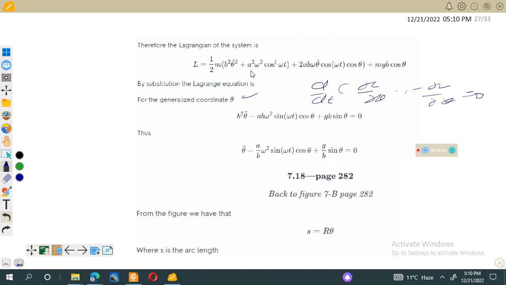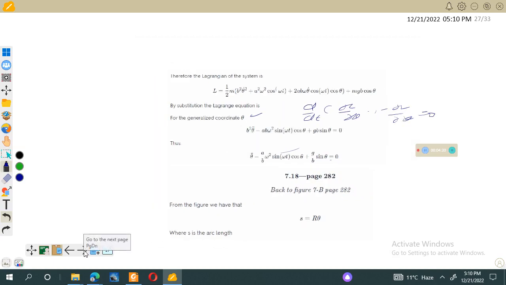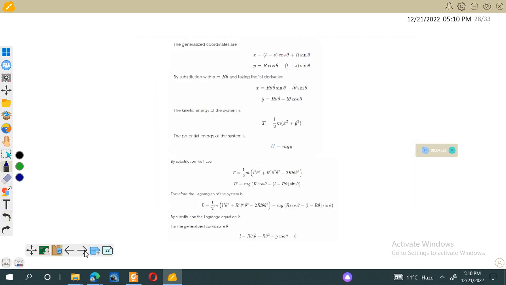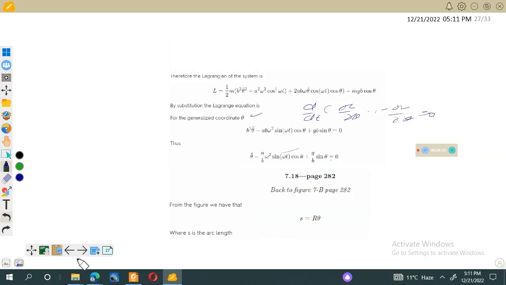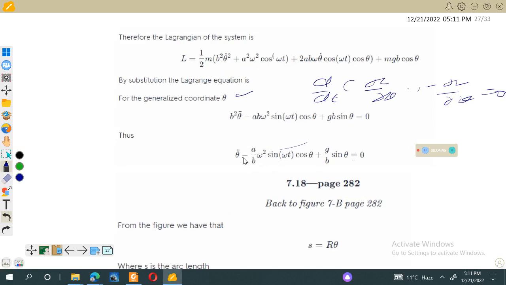When we plug this Lagrangian into this equation, it will give us theta double dot minus a over b omega squared sine omega t plus this term.